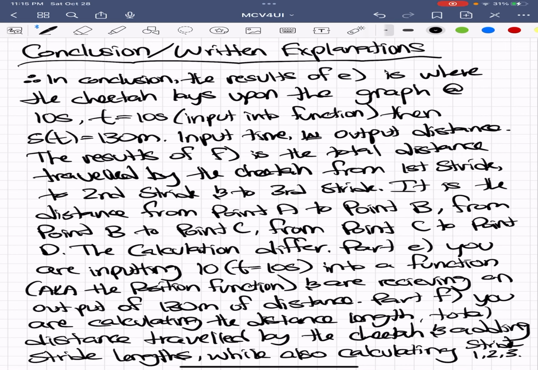In part E, you are inputting t equals 10 seconds into the function, aka the position function, and are receiving an output of 130 meters of distance. In part F, you are calculating the distance length, total distance traveled by the cheetah, and adding stride lengths, while also calculating stride 1, 2, and 3. So in these ways, part E and F are different.